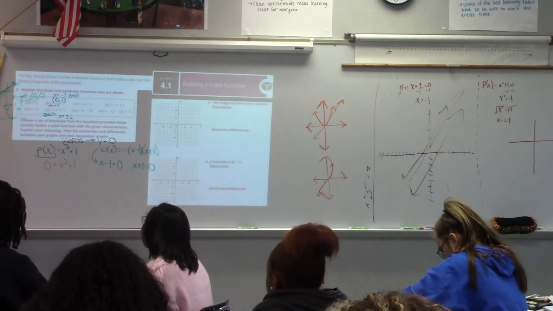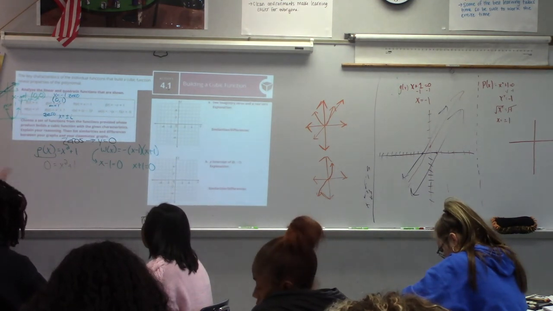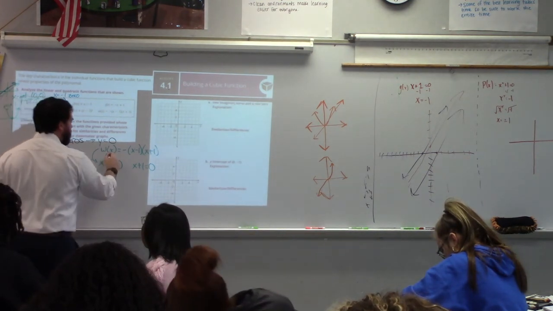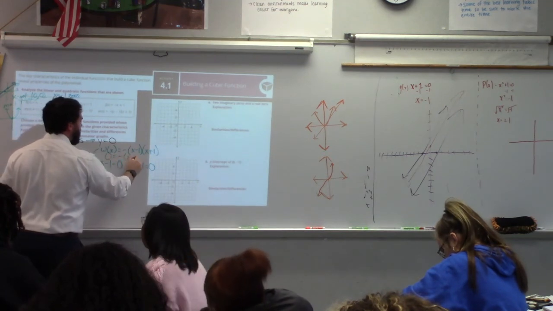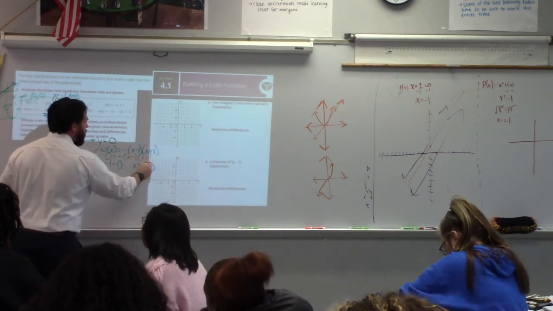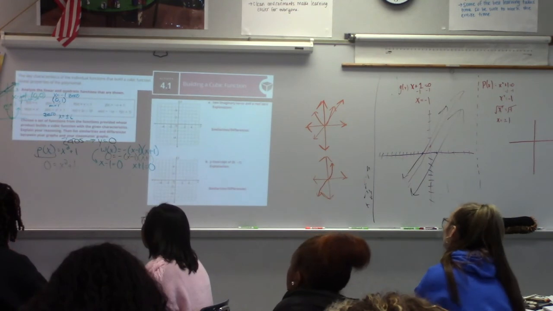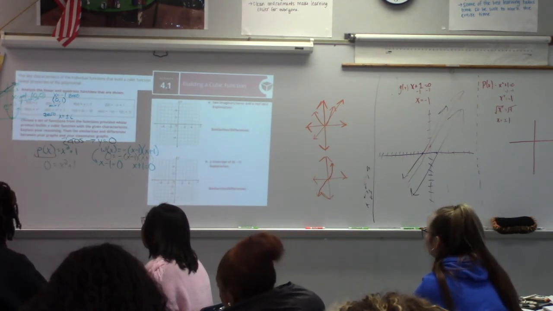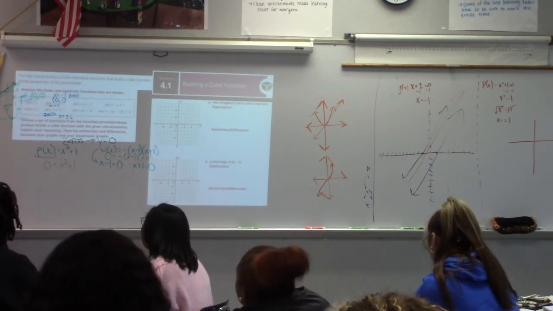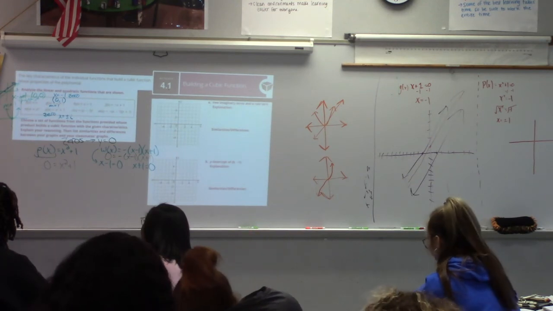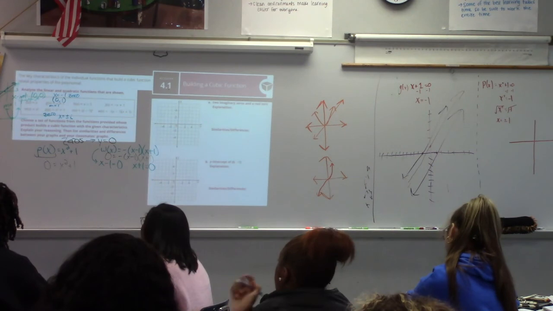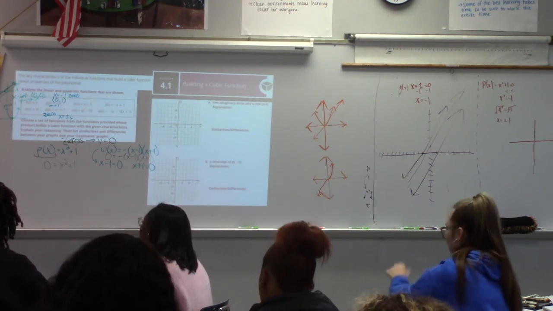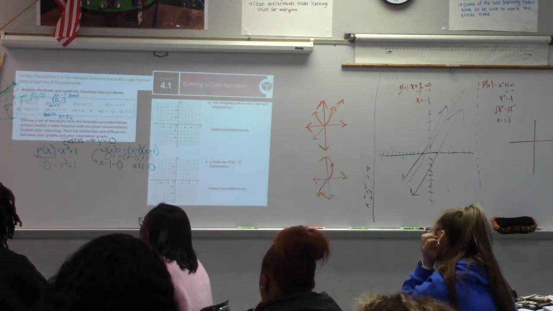That's what allows me to find those zeros. Similarly with w of x, 0 is equal to negative times x minus 1 times x plus 1. Now I can use the zero product property. Please pay attention and slow down and look at that small detail: if I'm looking for zeros, I need to substitute 0 in for y. It was small, but it was something that prevented a lot of us from scoring higher on that rubric on the test.